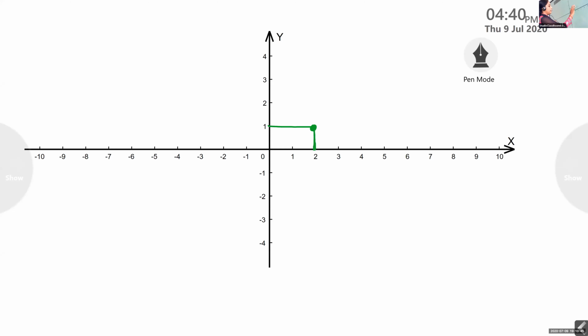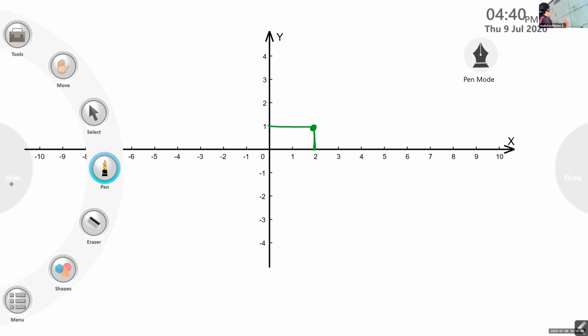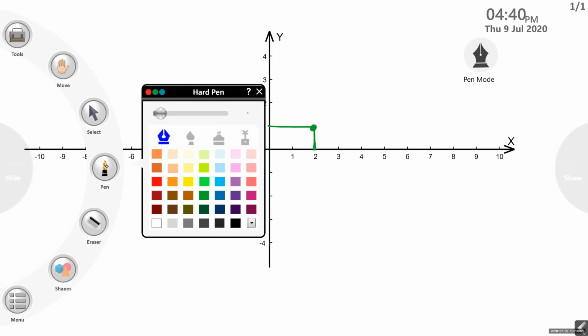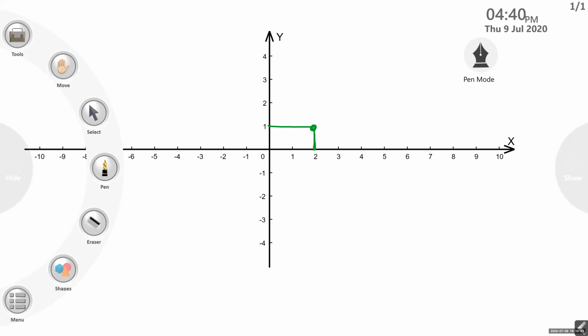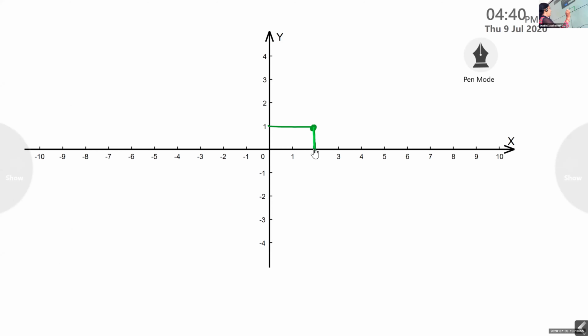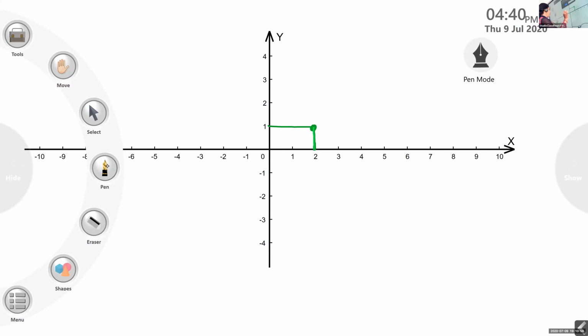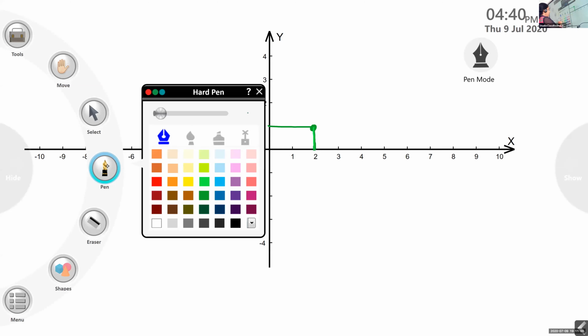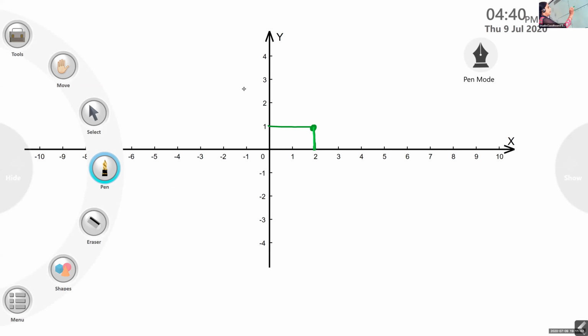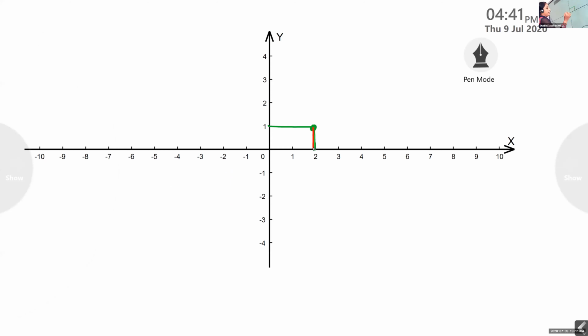We have to locate this point. For locating that point, you should draw one perpendicular line downward. Listen here, downward one perpendicular line, and where it reaches.